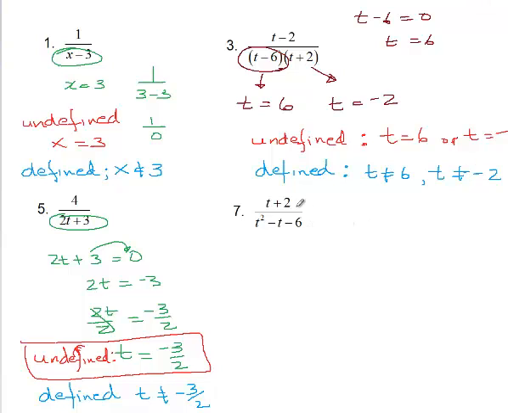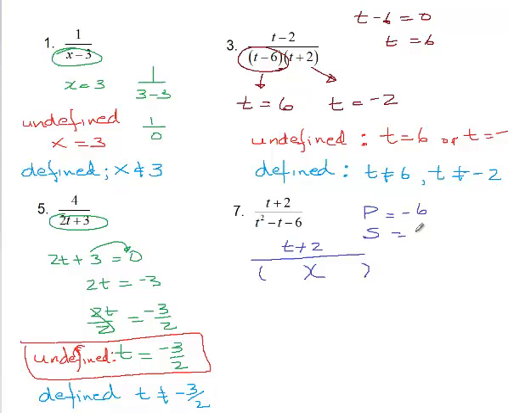Now, if we look at the last one, number 7, we can see a trinomial in the denominator. Therefore, we're looking at possibly canceling out a factor. So we're going to factor the bottom. What gives you a product of negative 6 and a sum of negative 1? We've gone through factoring before, so I'll just do this quickly.